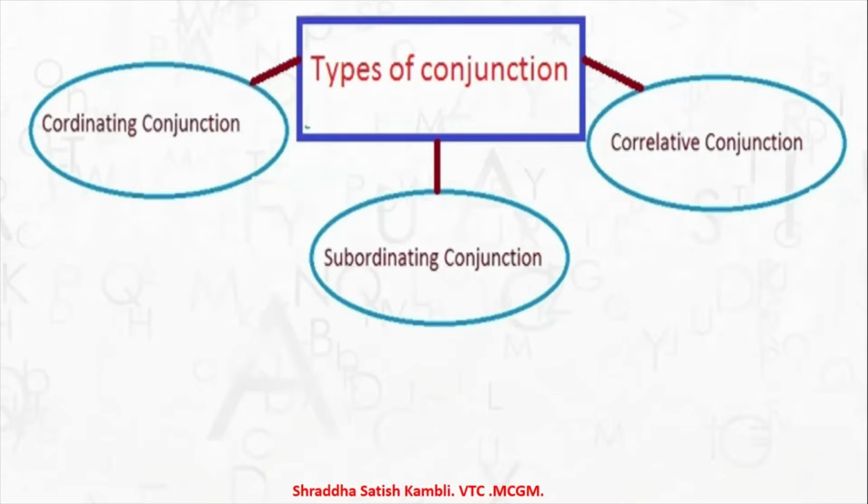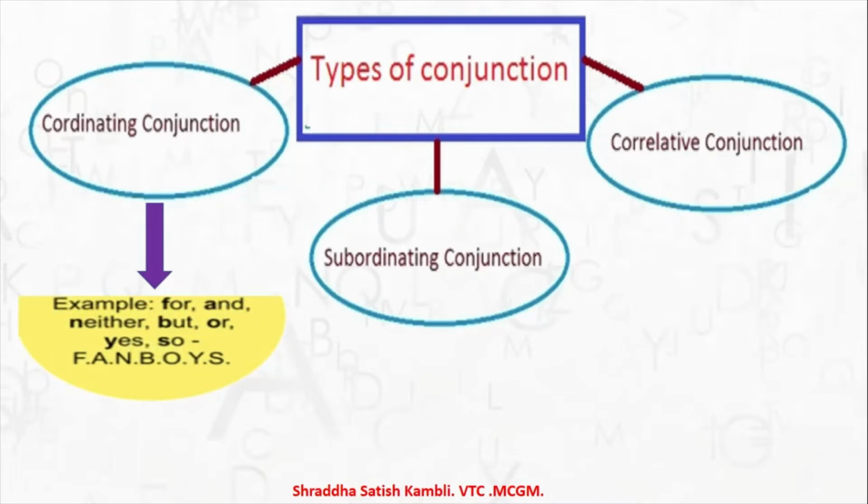Okay, so coordinating conjunctions. Let's take a look at certain examples of coordinating conjunctions. So you have for, and, neither, but, or, yes, so. All these are the coordinating conjunctions.